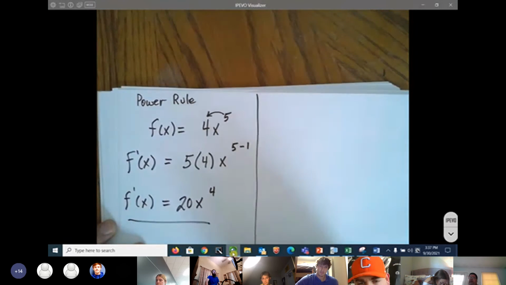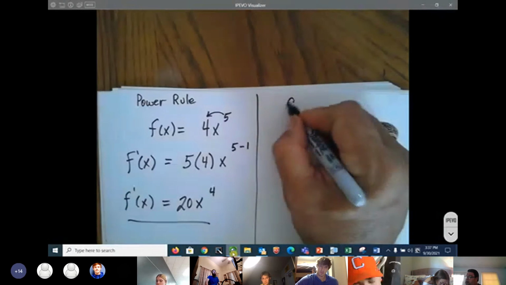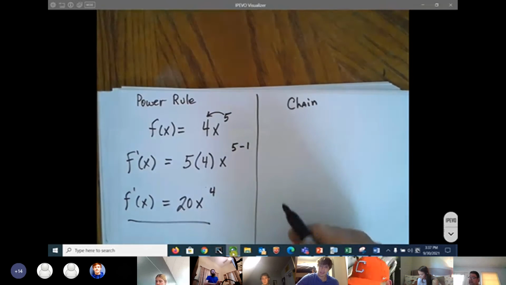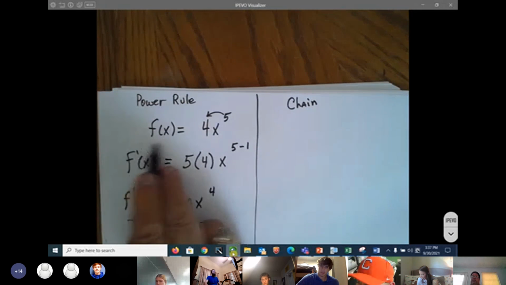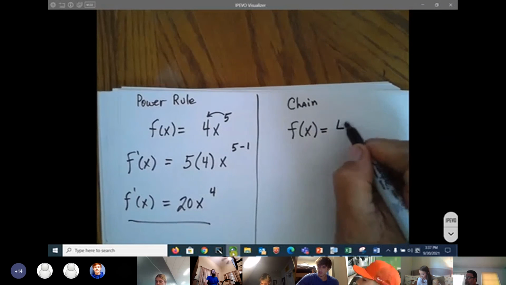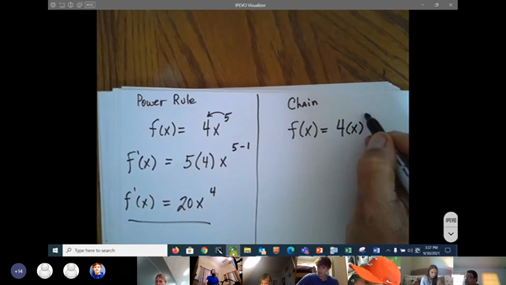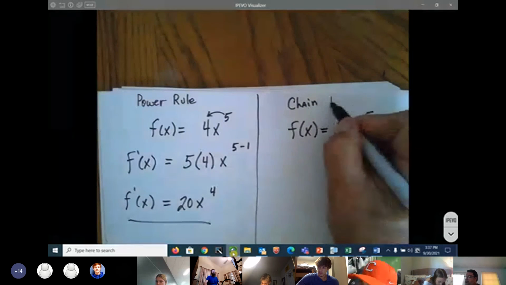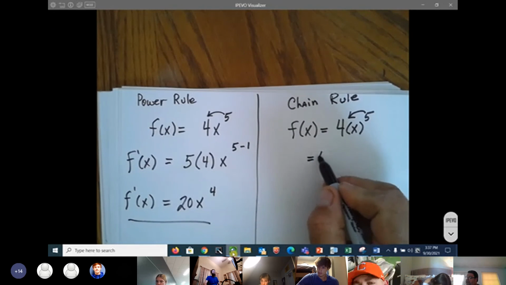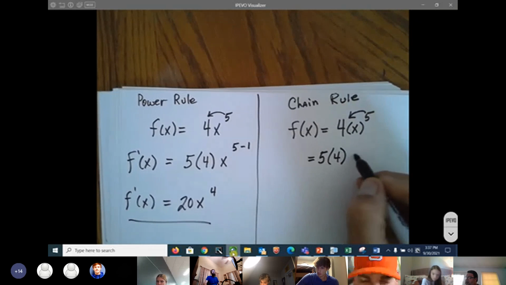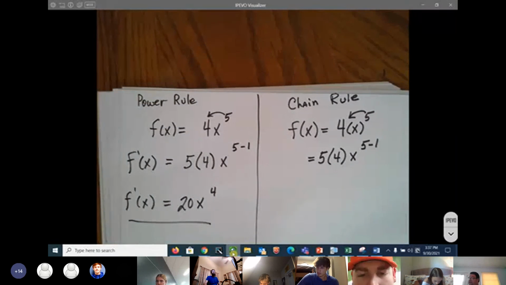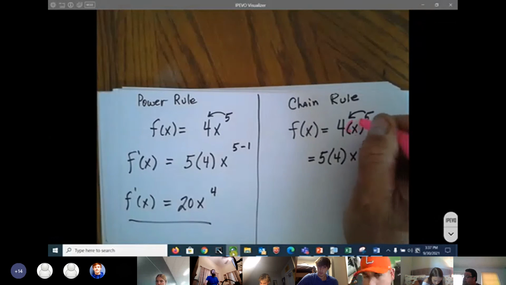You're going to do the same thing with the chain rule, except you're going to add the derivative of what's inside. I'm going to do this by the chain rule. You watch what I do here. F of x is equal to 4x to the 5th. And I'm going to do the chain rule. 5 times 4, bring the x down, 5 minus 1. And then I'm going to take the derivative of what's inside the parentheses.